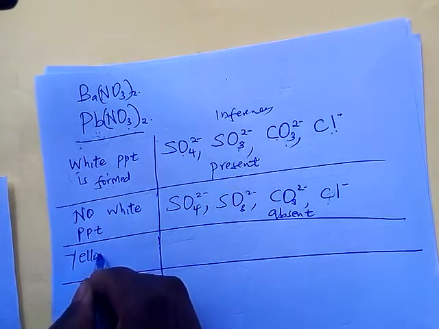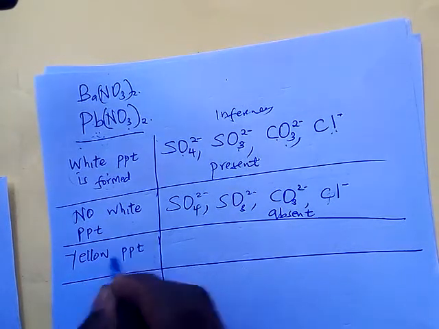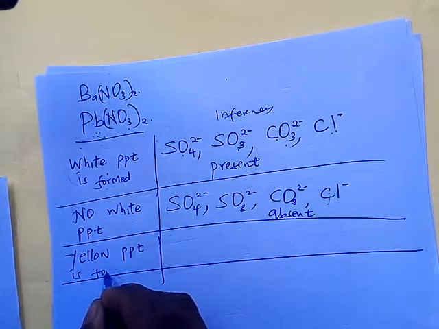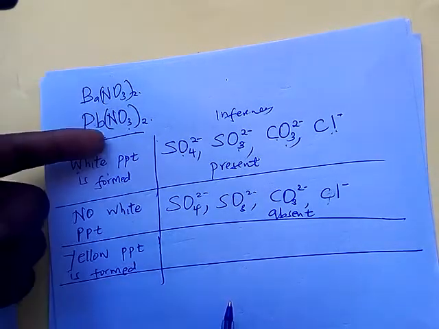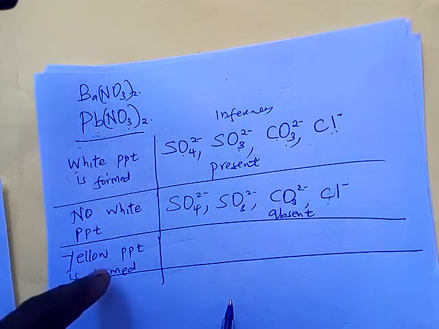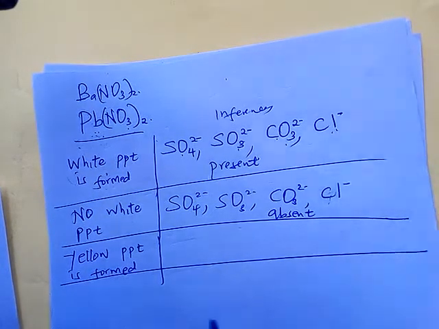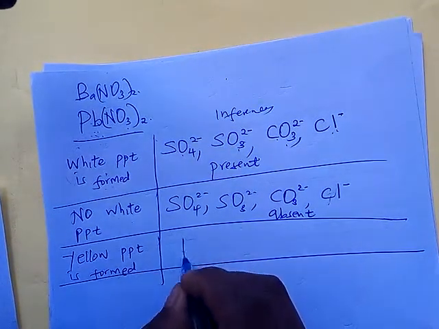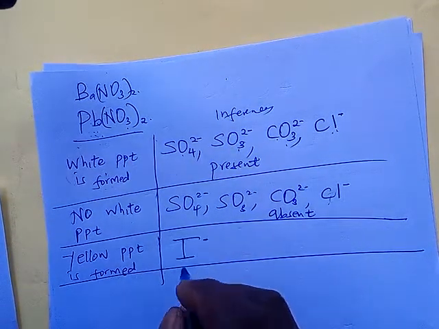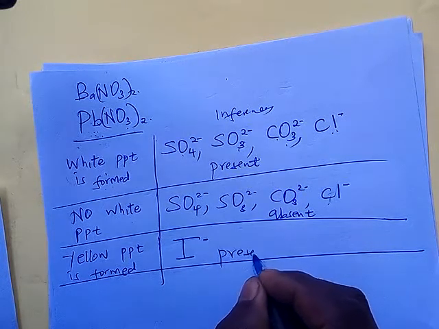The third possible observation we expect is that a yellow precipitate is formed. So if you add lead nitrate and then a yellow precipitate is formed, then it confirms that there were iodide ions present.